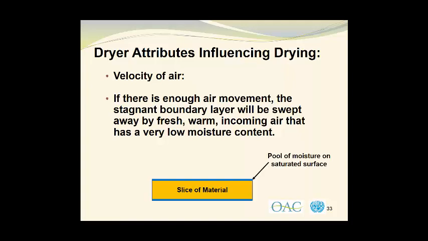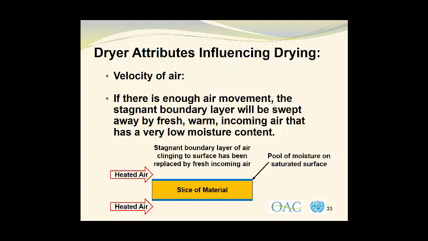So once again, we'll show the slice of material with the pool of moisture on the saturated surface. We'll bring heated air across this surface at a velocity that is sufficient to sweep away the stagnant boundary layer, and so what you see is that the stagnant boundary layer of air clinging to the surface has now been replaced by fresh incoming air, which can now evaporate moisture from the surface.